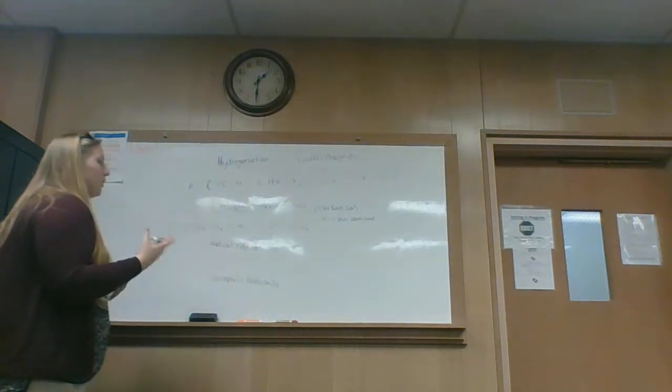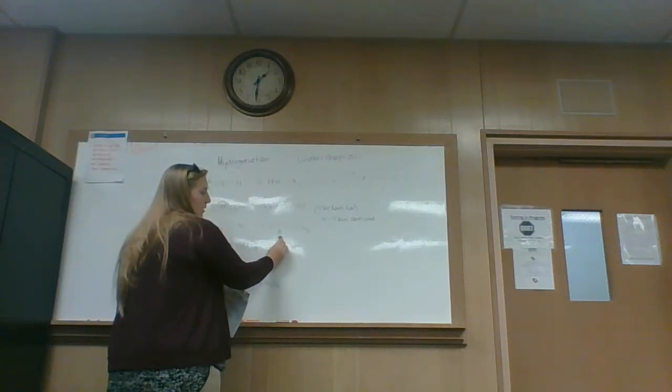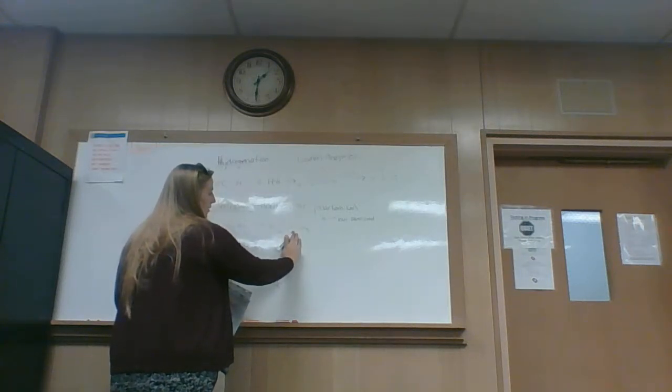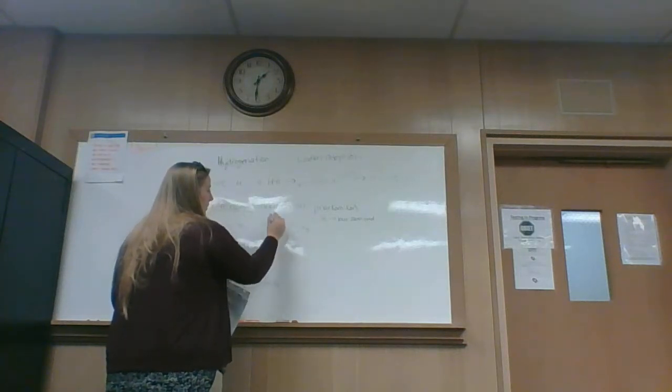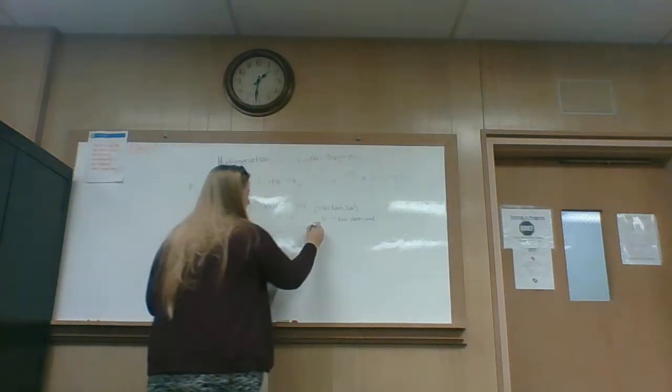Then you need to figure out which one is the most substituted. Primary, secondary, or tertiary? Primary. Okay. Primary, secondary, or tertiary? Secondary. So the hydrogen is going to go to the least substituted. Halogen goes to the other one.